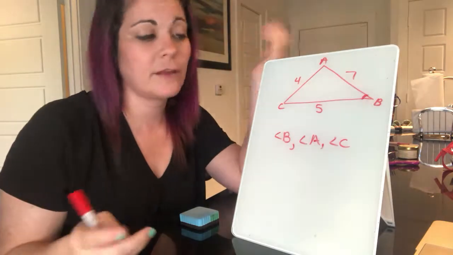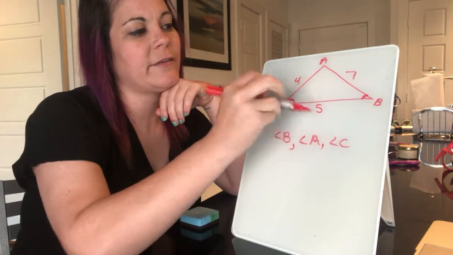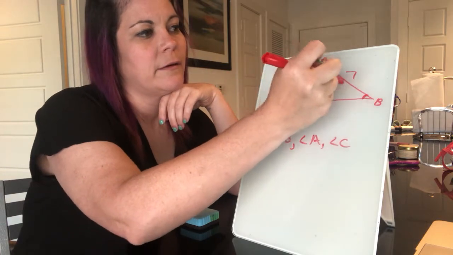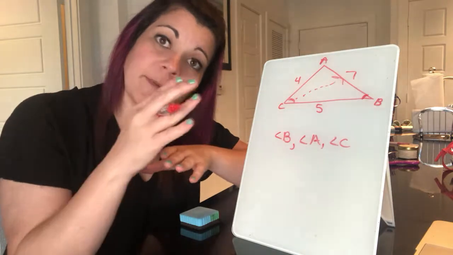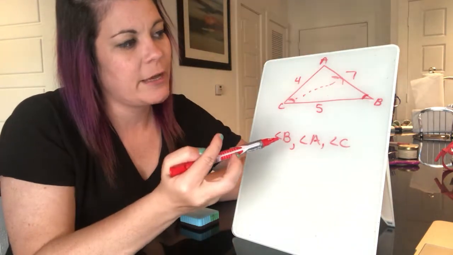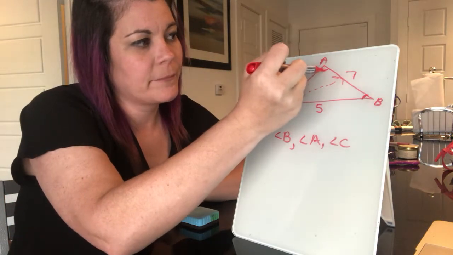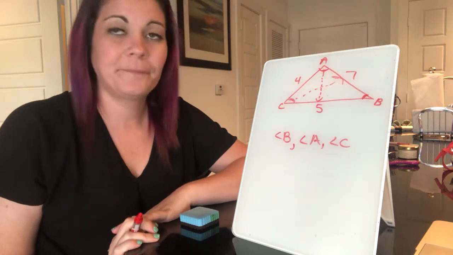Angle C would be the greatest angle because it is opposite the largest side. So whatever's opposite of that side is the order it goes in. A would be second because it's opposite of the middle.